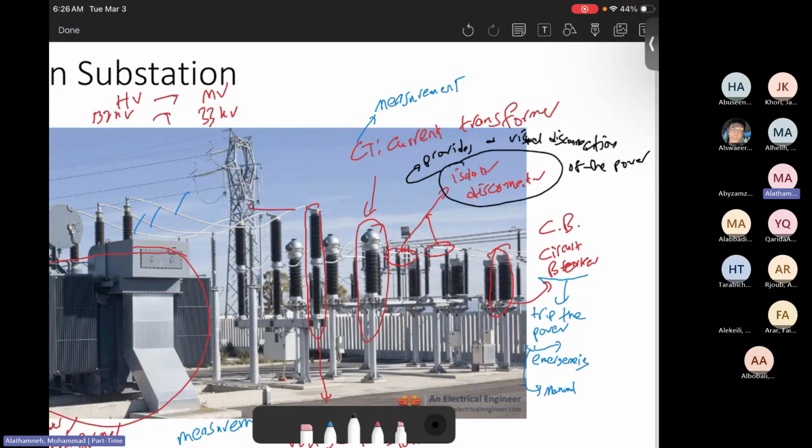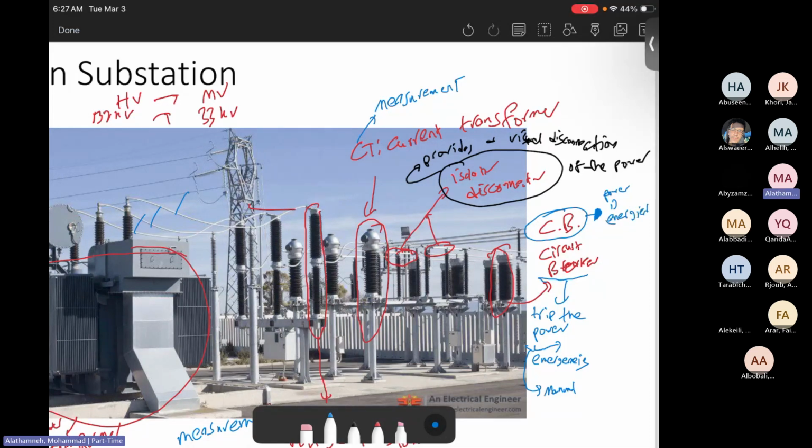What does it mean? Usually, the circuit breaker, and by the way, we will talk about the circuit breaker in a separate chapter. But anyway, usually the circuit breaker trips the power when the power is energized.